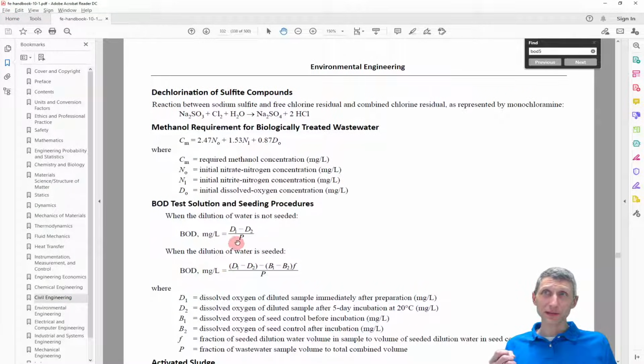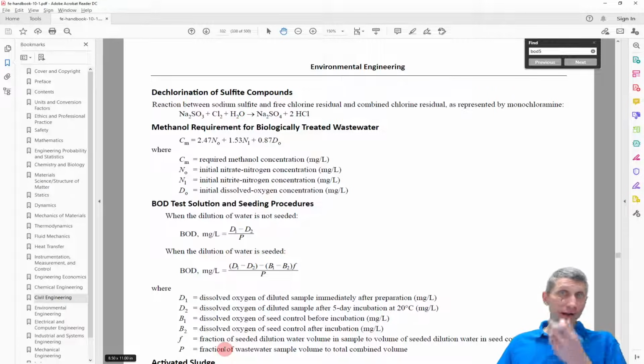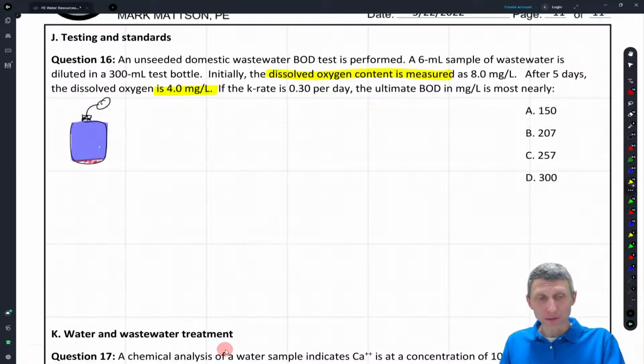Here we have BOD in milligrams per liter equal to dissolved oxygen 1 minus dissolved oxygen 2, divided by P, which is the fraction of the wastewater sample. If environmental is not your first language, that's okay, but if you know some of these basics, it will help you on the exam to get points that maybe you otherwise wouldn't get.